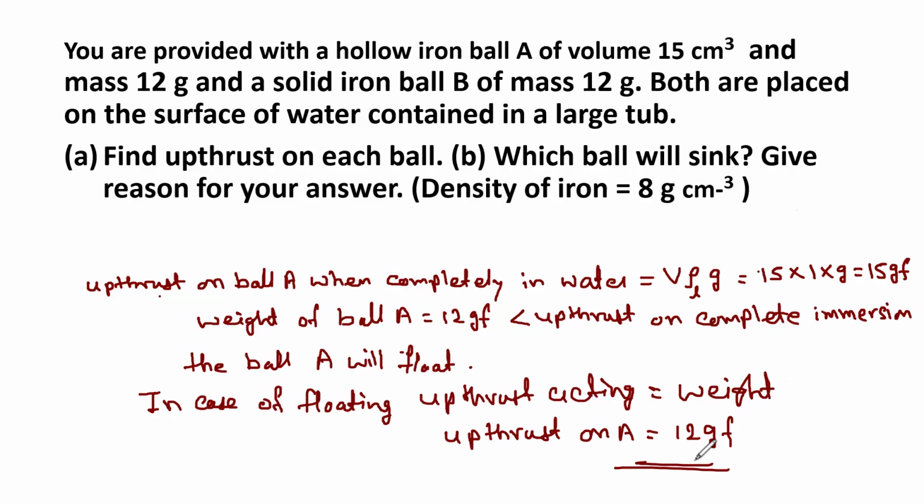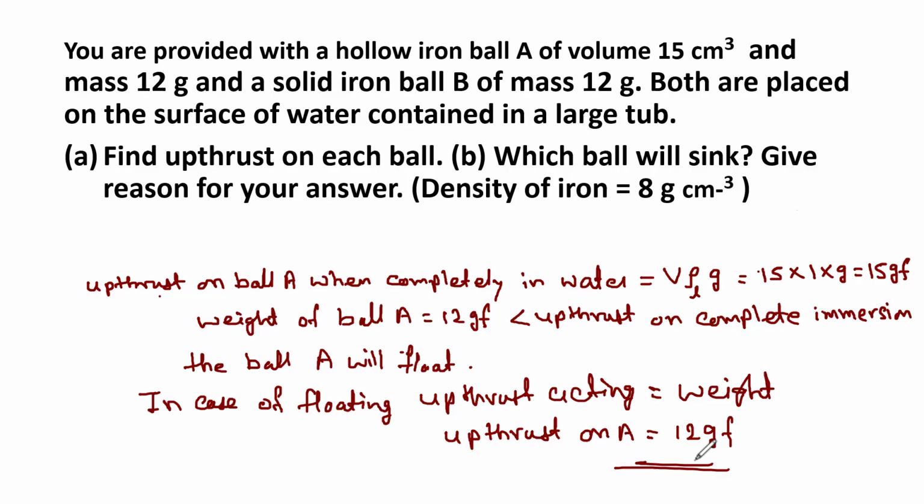Okay. So note down this. This is the first part of the A part. Like question A is to find upthrust on each ball. Okay. So here we have calculated only for ball A. Okay. And yes, we had also solved the part B and reason for this ball A.